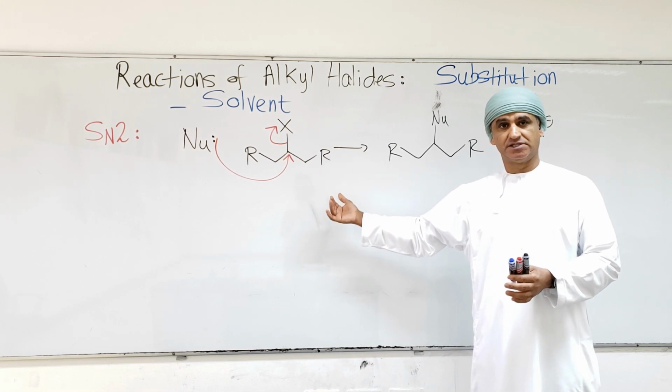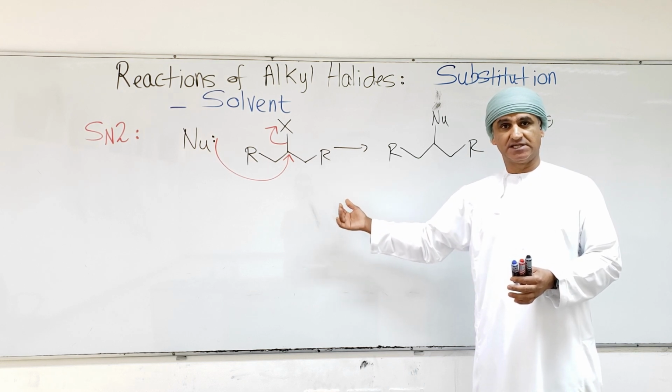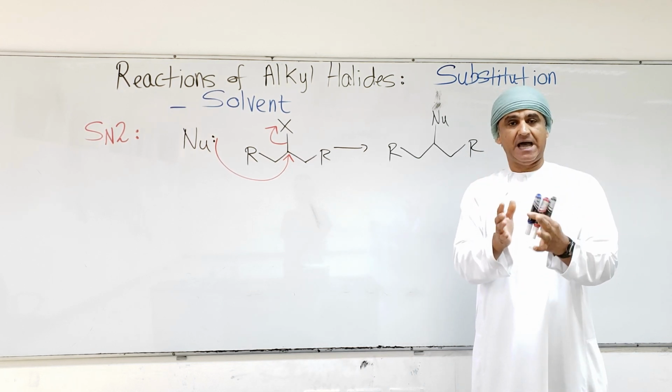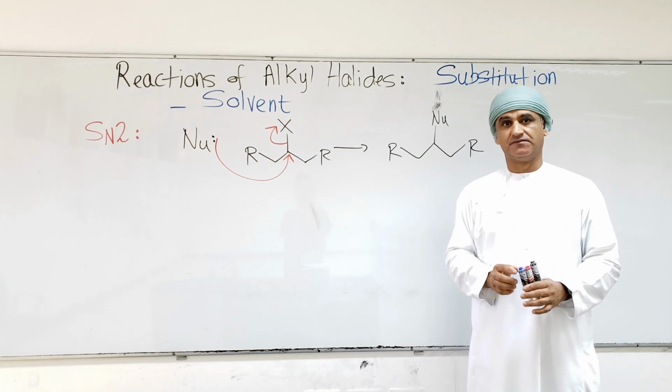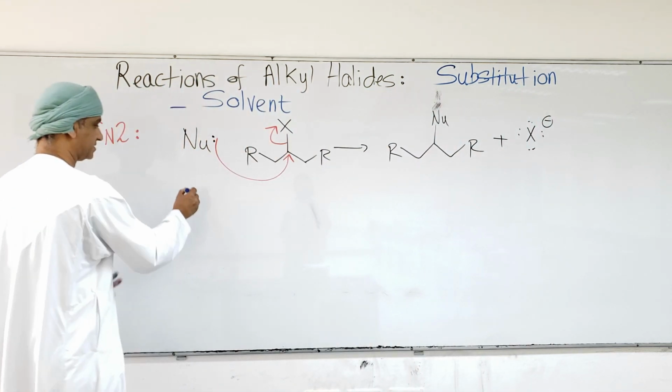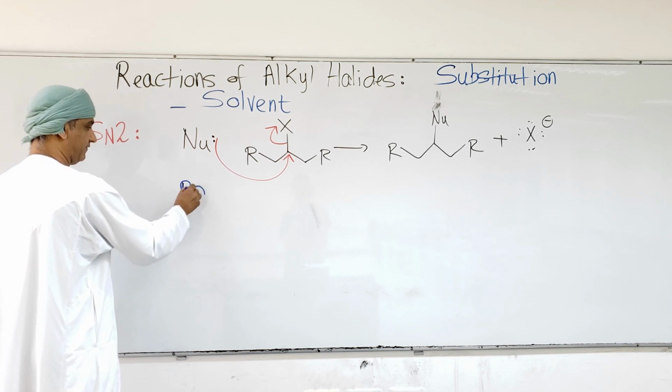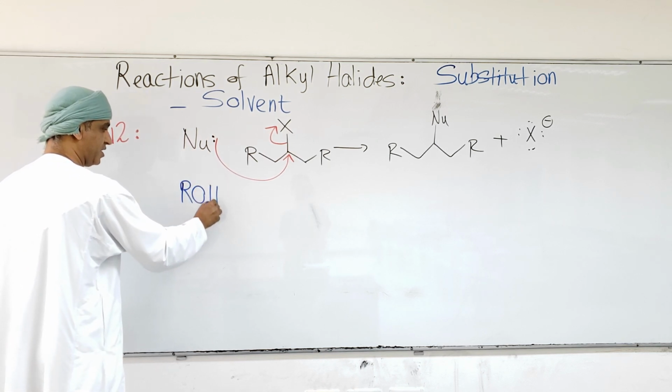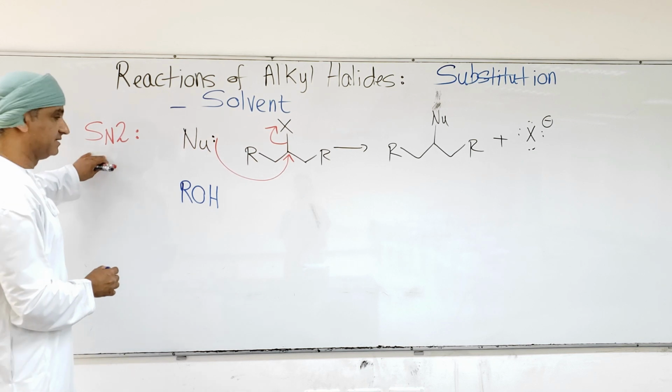Let's do that, and then we will see the other type of solvents that cannot do that kind of solvation, which hinders the reaction, and therefore are the ideal choices of solvents in the Sn2 reaction. So solvents like alcohol, this is the general structure of alcohol. Remember, alcohols are not suitable for the Sn2 reaction.